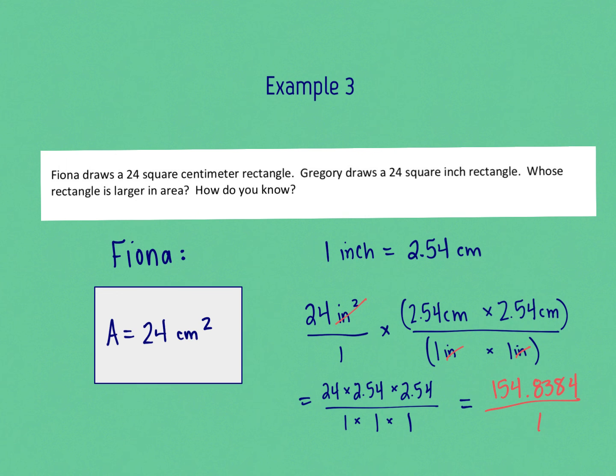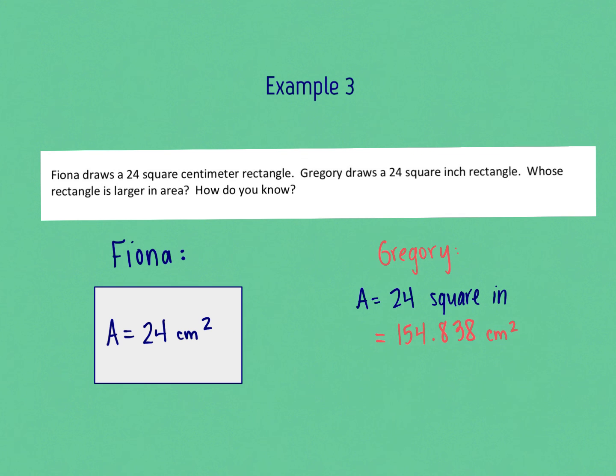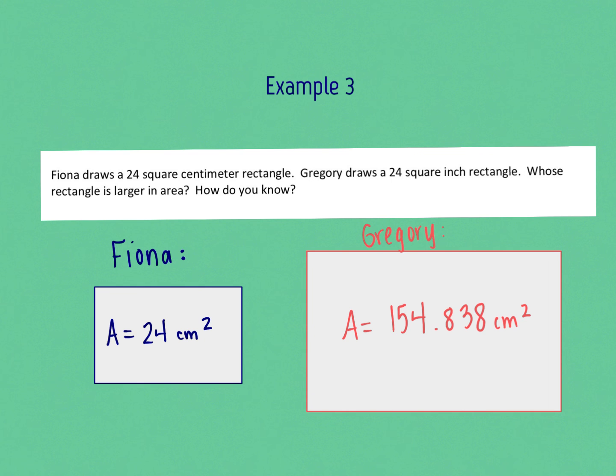When we use our calculator, we see that this is 154.8384 all over 1, which means that Gregory's 24 square inch rectangle is a 154.838 square centimeter rectangle. And 154.838 is much larger than 24 square centimeters. So Gregory's rectangle is much larger than Fiona's rectangle.